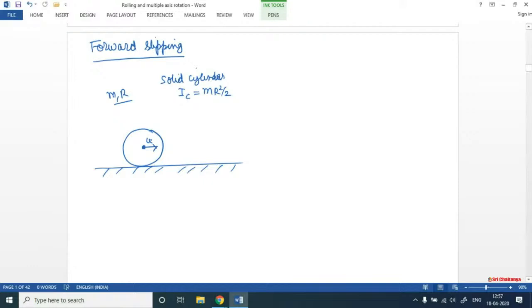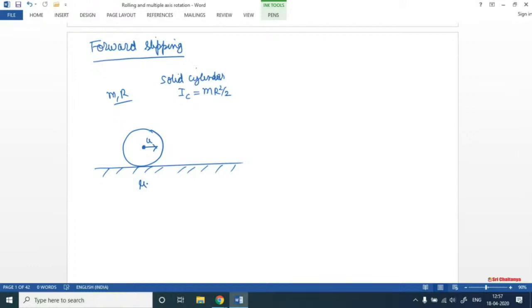Initially its angular velocity was equal to 0. And this surface is rough, and the coefficient of friction between this solid cylinder and this surface is, let's say, equal to mu.